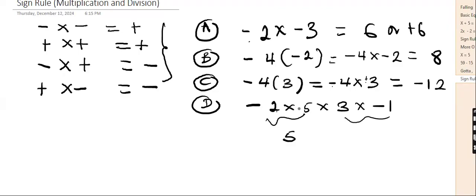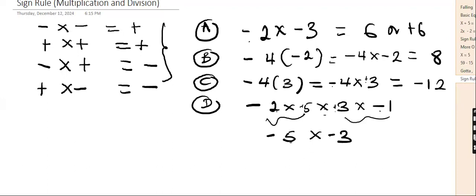And minus 2 multiplied by a positive number is going to give us negative, minus. Similarly, 3 multiplied by 1 gives us 3, right? And a plus 3 multiplied by minus, I'll get minus, right? And I put the multiplication sign as usual at the center.